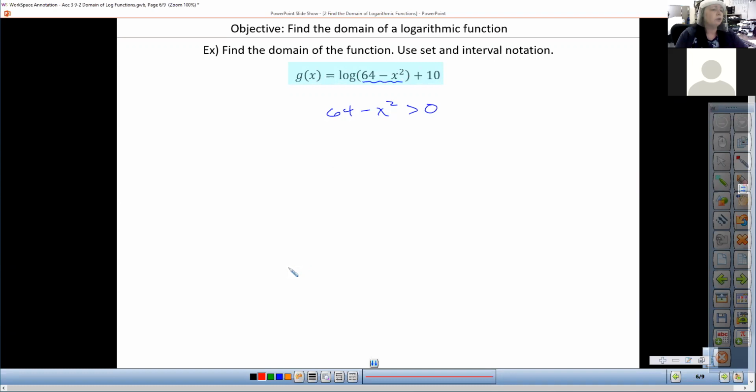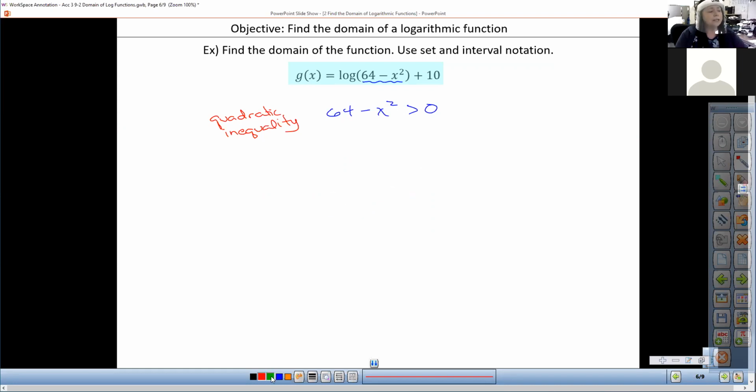Here's where the algebra will be different, because being a quadratic inequality, you cannot use your basic undoing algebra in the inequality. All right, you can't add x squared, take the square root, and have x plus or minus 8 with greater than, less than. That's not how a quadratic inequality works.